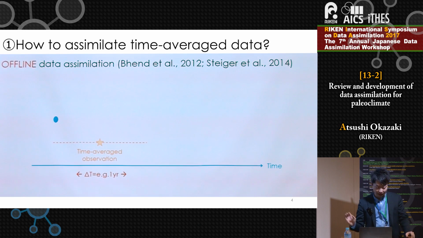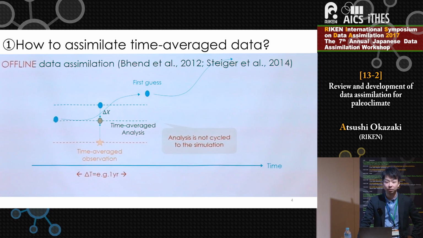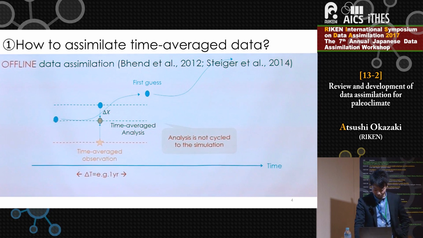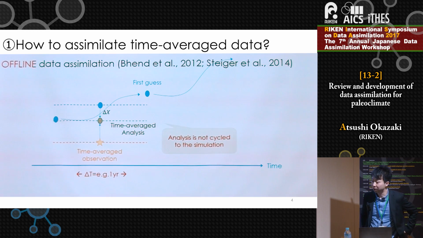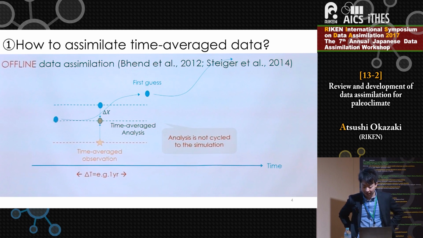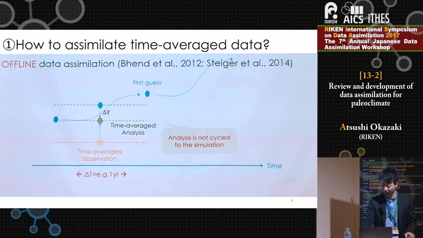The other method is offline data assimilation. The first few steps of offline data assimilation are the same as online assimilation. But in offline assimilation, the analysis is not cycled into the simulation. This is allowed because the memory of the atmosphere is thought to be shorter than the temporal resolution of the observation, and the effect of the previous update is lost before the end of the simulation cycle.